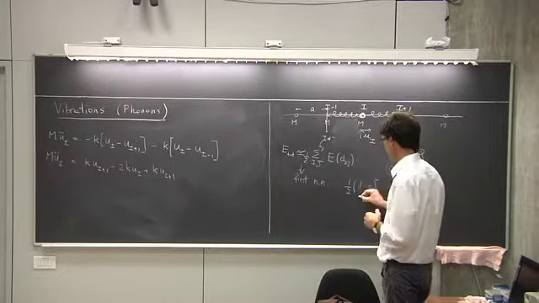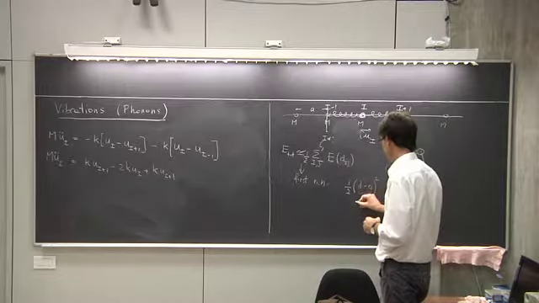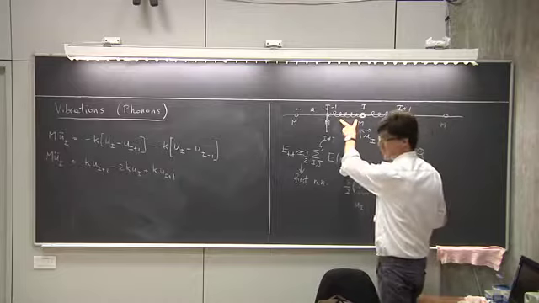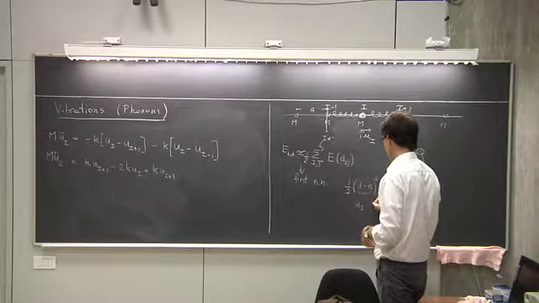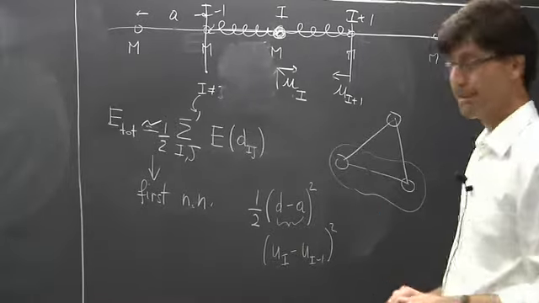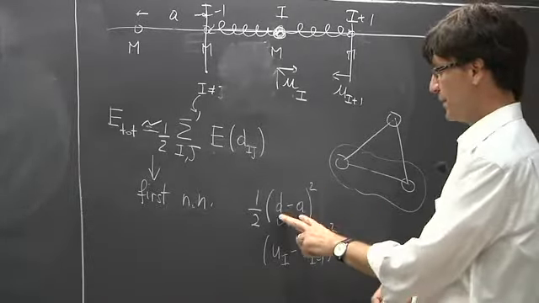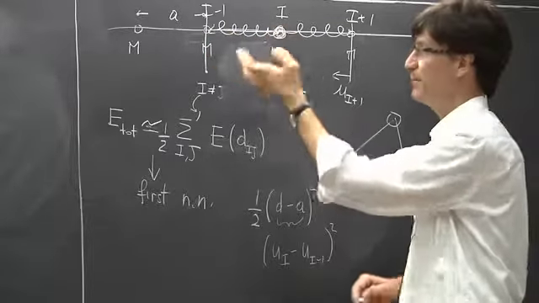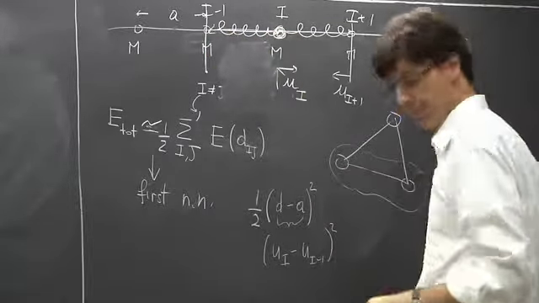In one dimension, this object is Ui, well, if I'm considering this bond, for example, it is Ui minus Ui minus 1, because the change of distance between these two particles is going to be given by that.